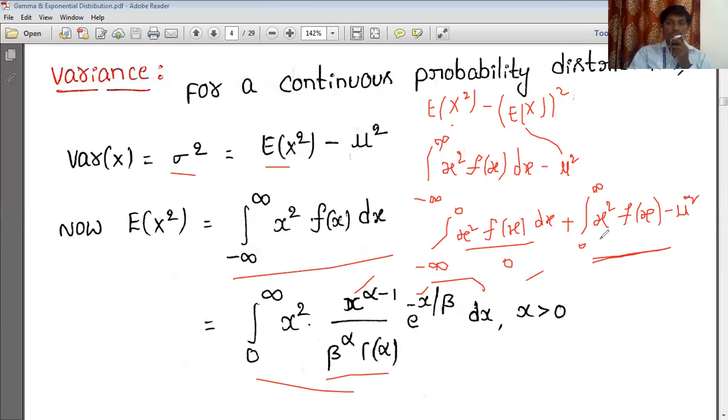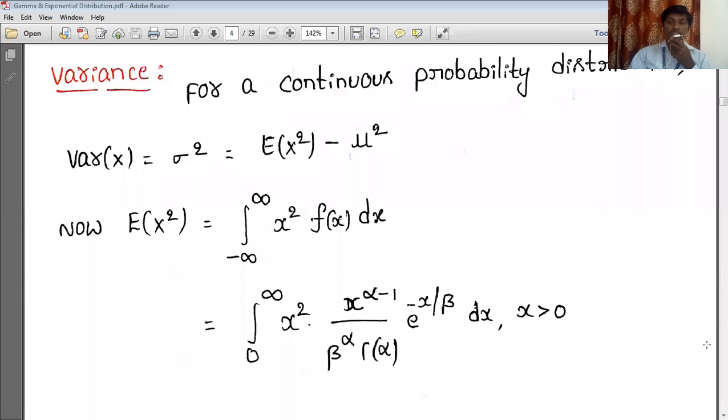In the first subinterval the function value is 0, and in the second subinterval, x greater than 0, we choose f of x as this one and simplify. Separately we can calculate E of x square and then simplify, or directly take it as it is and simplify.